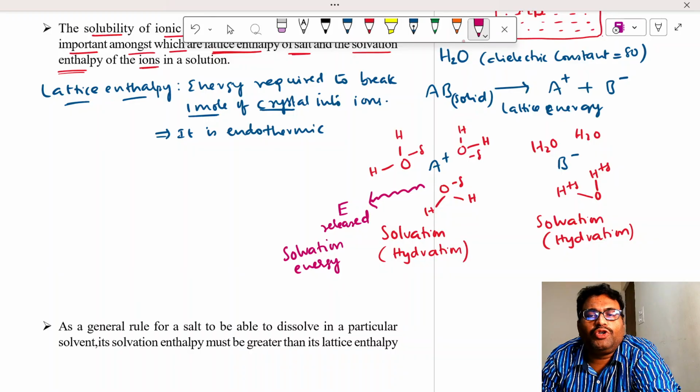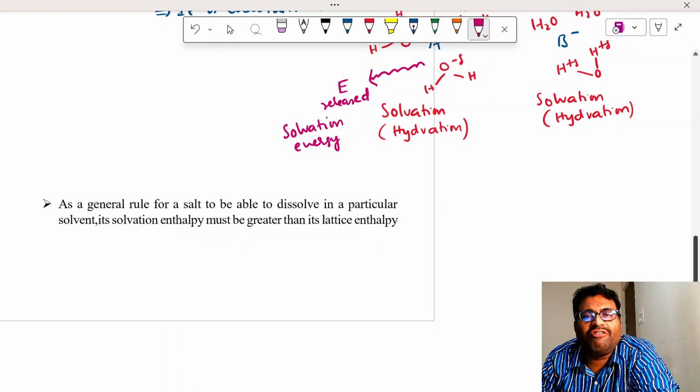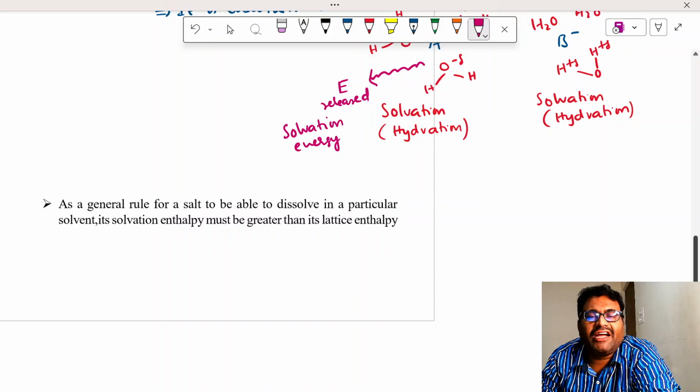So two processes are happening here: one is the breaking of the crystal, the ionic solid, into ions, and the other is the surrounding of solvent around these ions. During one process energy is absorbed, and during the other process energy is released.